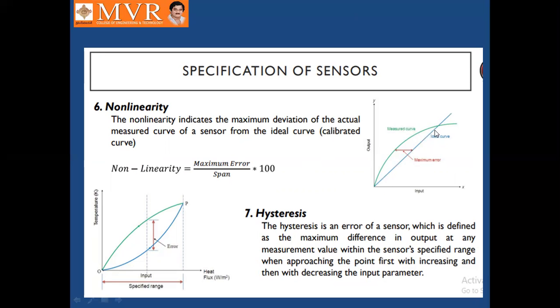Non-linearity is a parameter considered only for calibration purposes. Every industry has a separate calibration department, which comes under the instrumentation department. This calibration department is going to calibrate every mechatronics device, checking whether it is in an acceptable range or not, and whether it gives the specified values or not.